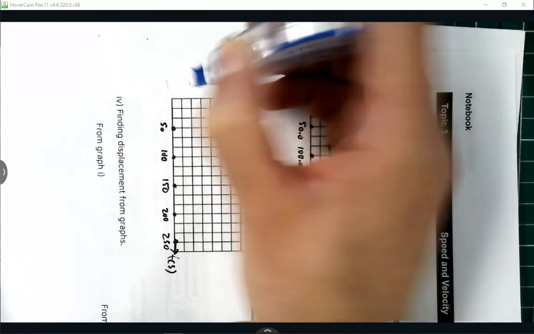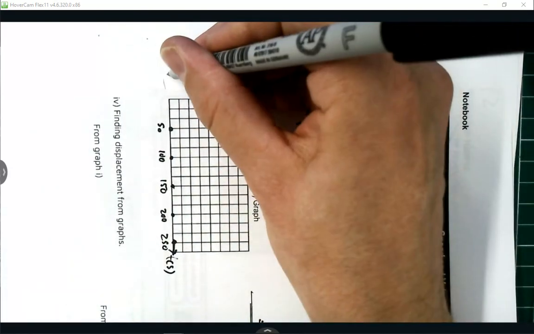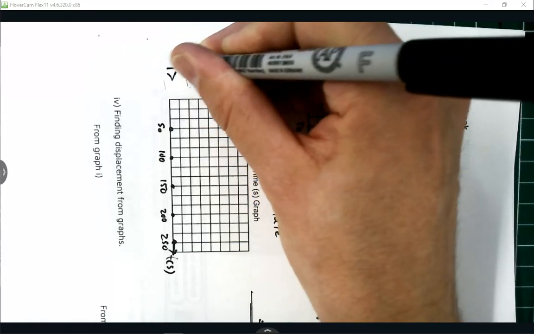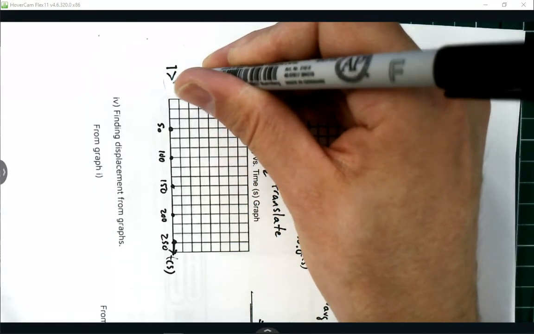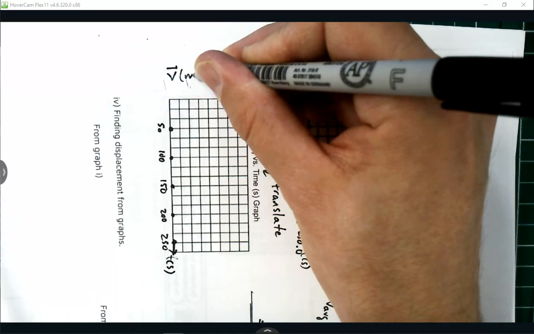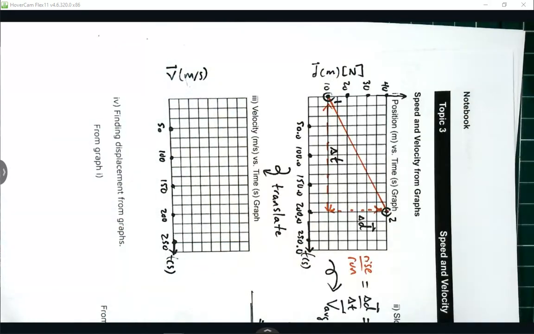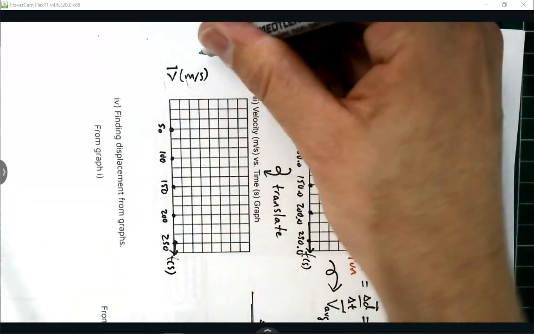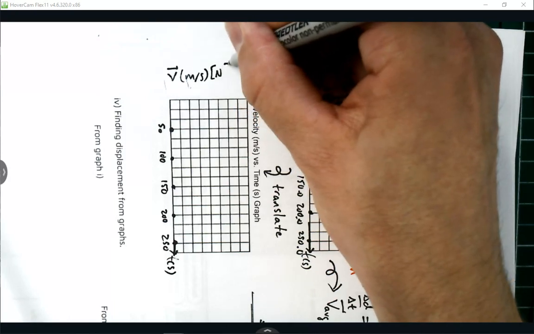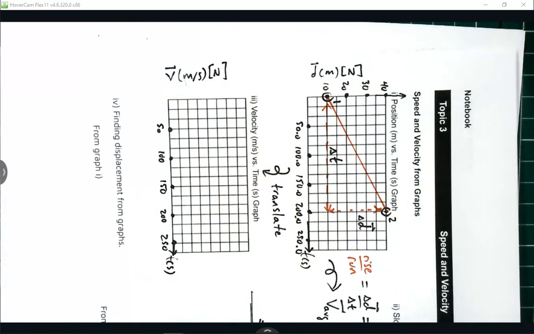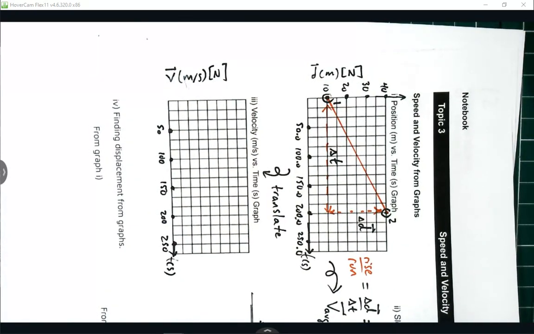I'm going to white this out, give myself a little bit more space for the labeling of the numbers. Velocity in meters per second. See, this is why the chemistry folks like to have pencils. Velocity in meters per second. We're still preserving north as the positive direction, so that doesn't change. It's the same reference frame.